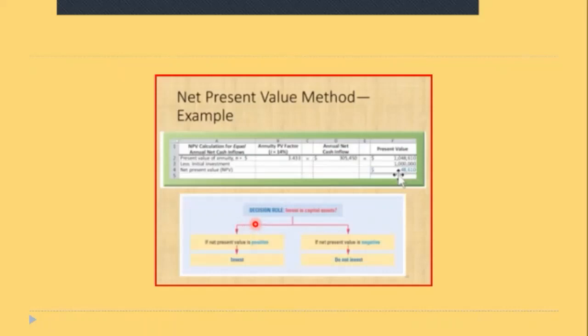So the decision: if net present value is positive, invest. If net present value is negative, do not invest. It's as simple as that.